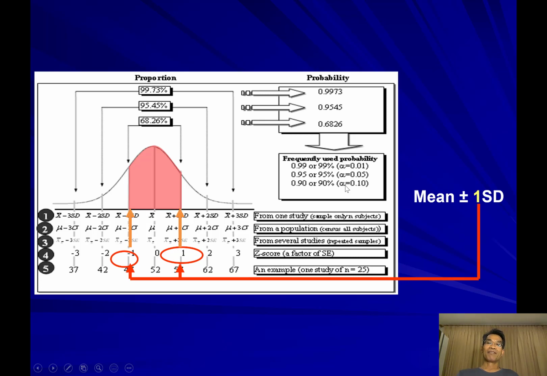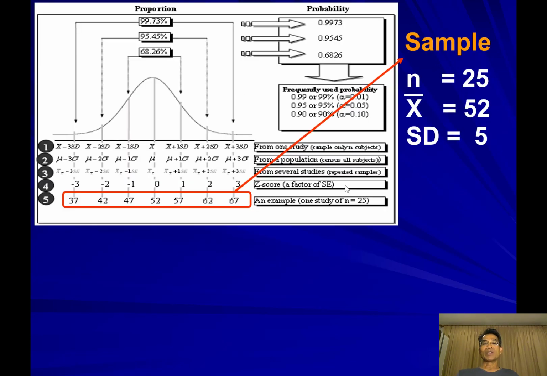So that's for this episode. I like to show you where this understanding will be the fundamental for everything in statistics. When we do it in a practical way, we just touch the data by doing data collection in one sample. For example, here, one study with a sample size of 25, measure the weight, we get X bar of 52, and calculate a standard deviation of 5.